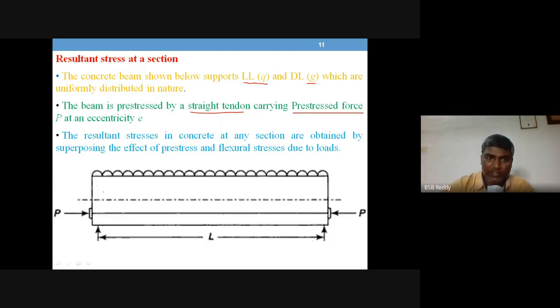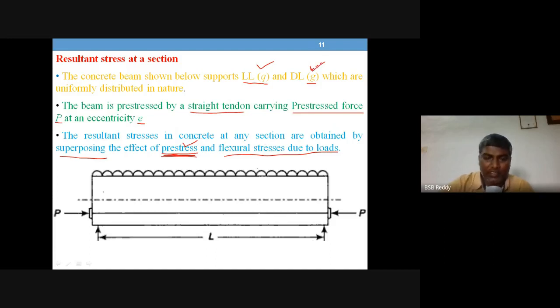Carrying a pre-stress force of capital P at an eccentricity of small e, resultant stresses in concrete at any section are obtained by superposing the effect of each type of stress, like pre-stress and stresses due to loads. This we have already calculated and know how to calculate from this formula. Now you have to add to this the stresses from live loads and dead loads.